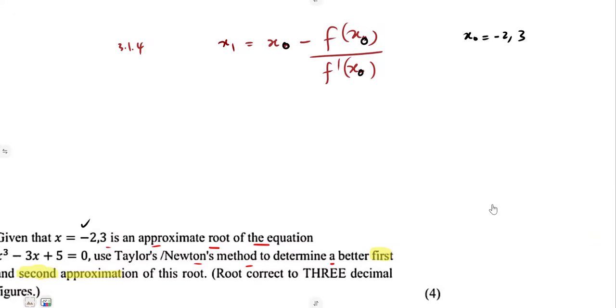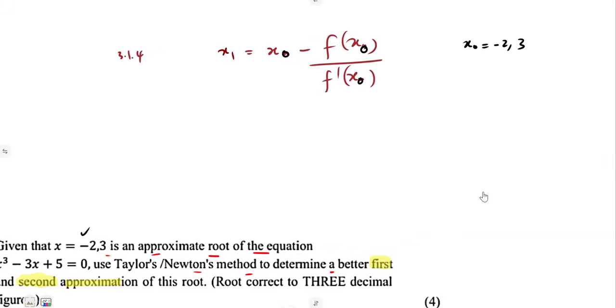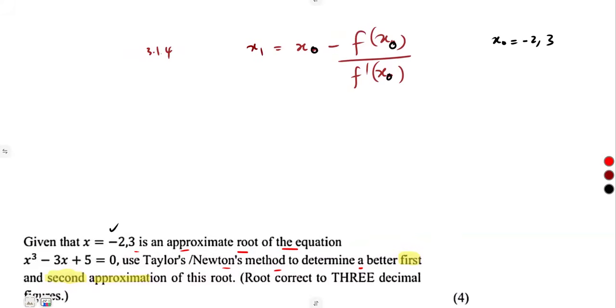So our f of x is what? Our cubic, the function that you're given, x cubed minus 3x plus 5. And its derivative is going to be 3x squared minus 3.